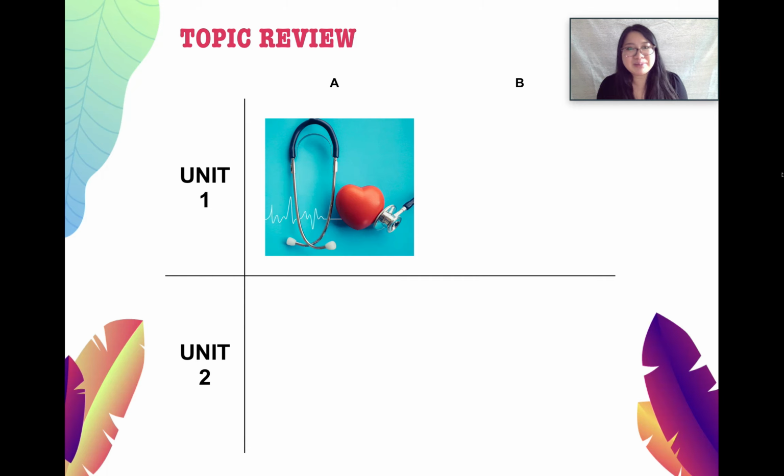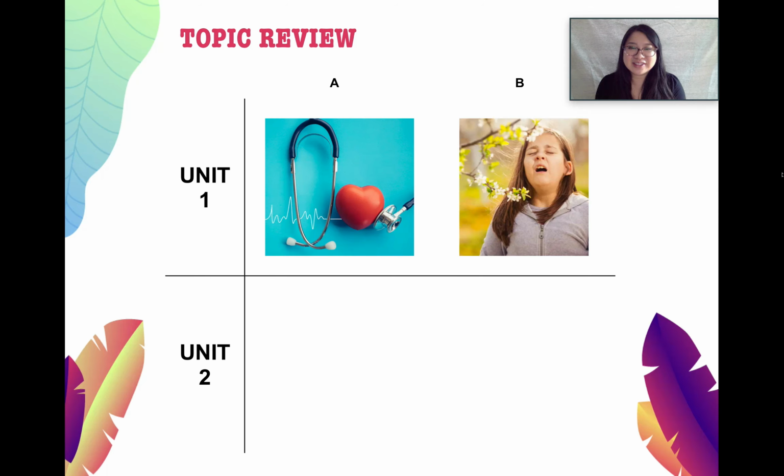Then in Unit 1B, we moved on to another area of our health. We talked about allergies. This can include seasonal allergies, allergies to animals or pollution, and more importantly, we talked about food allergies. Then at Unit 2A, we changed topics and we started talking about the environment.